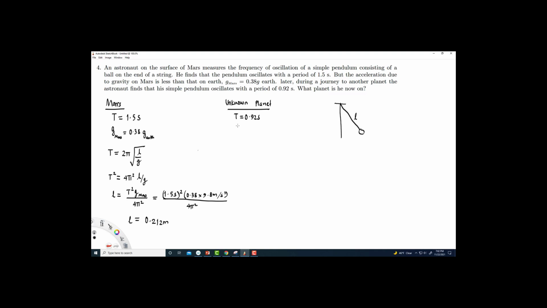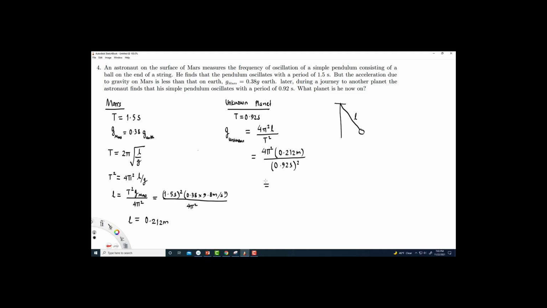So now, using the same formula, we can find g of the unknown planet, and through that value of g we can determine which planet that is. So g would be 4 pi squared times L over T squared. So 4 pi squared, length is 0.212, and the time period is 0.92 seconds squared.